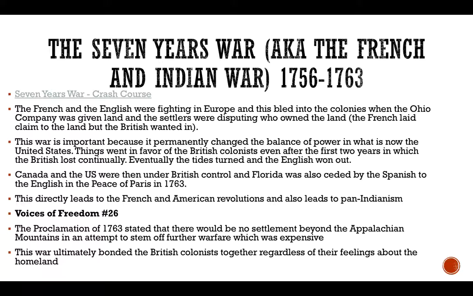Another really important part of this war, the 7 Years' War, the French and Indian War, is that it ultimately bonded the British colonists together, regardless of their feelings about the homeland. They were sort of feeling like they'd been attacked by the French and the Native Americans within this very direct process, and they were starting to feel like a group on their own rather than simply an extension of England.